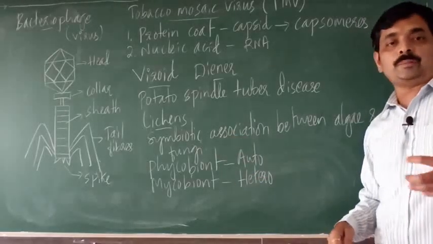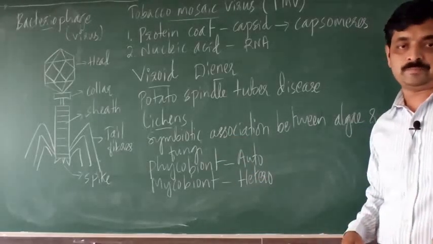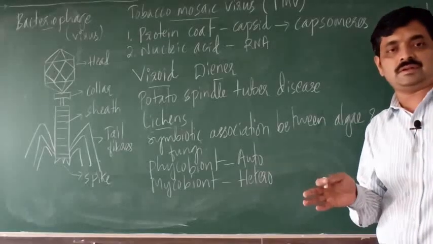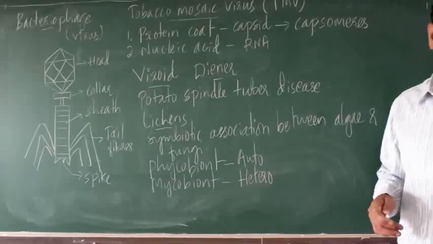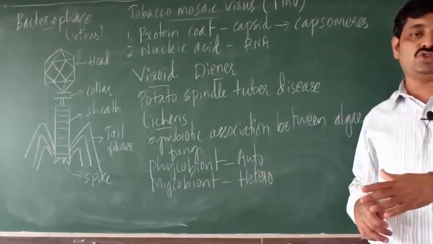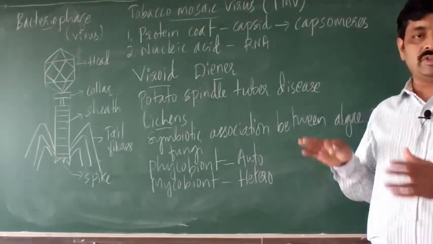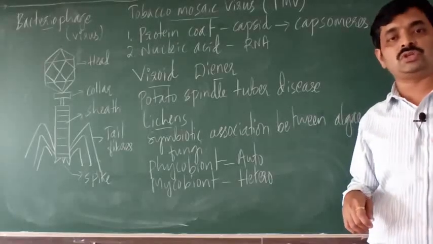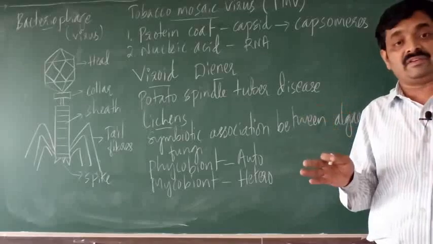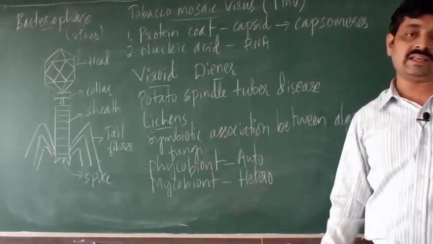Here algae obtain shelter from fungi. So both the organisms are benefited, because one gets food, another gets shelter, that is living place. This type of symbiotic association between two organisms which are mutually benefited is called lichens.